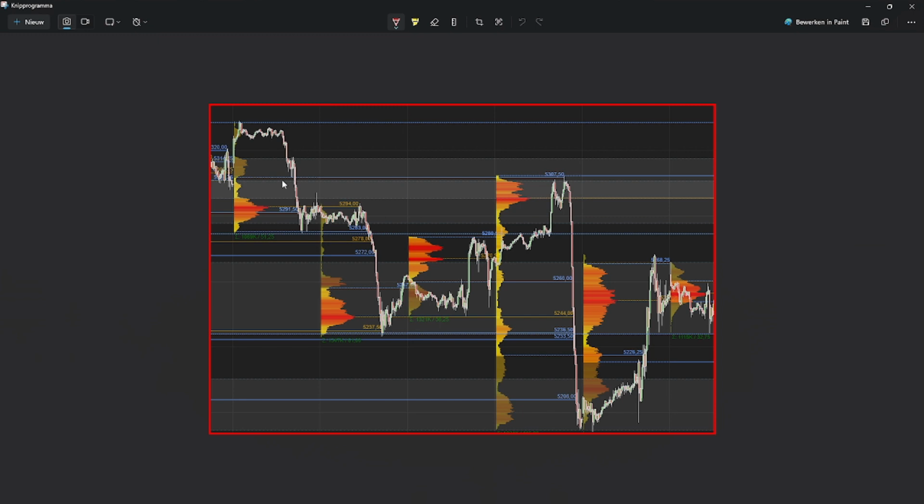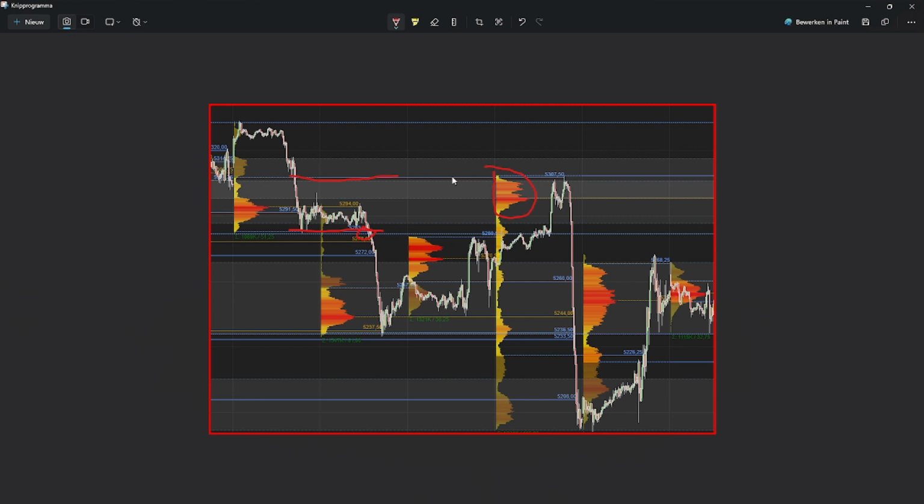And we get this previous value area. This is this blue line and this blue line. We see the value area low has been taken out before. We come down, take out the value areas here. And we are building new value right here.